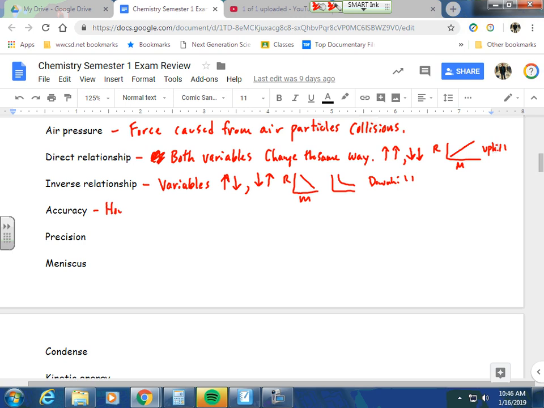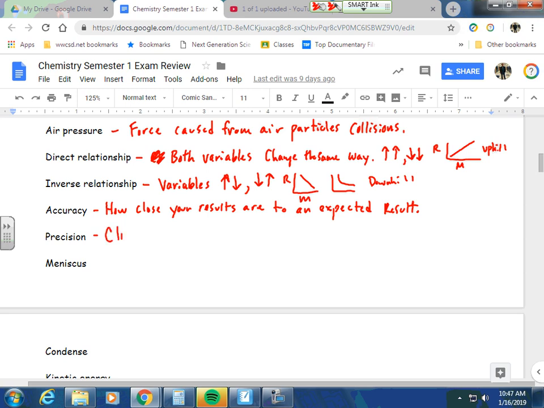Accuracy, how close your result or results are to an expected result. Okay. Precision we kind of use interchangeably a couple different ways, like how precise is an instrument, meaning how many decimal places can we go down to, how tiny is the measurement.